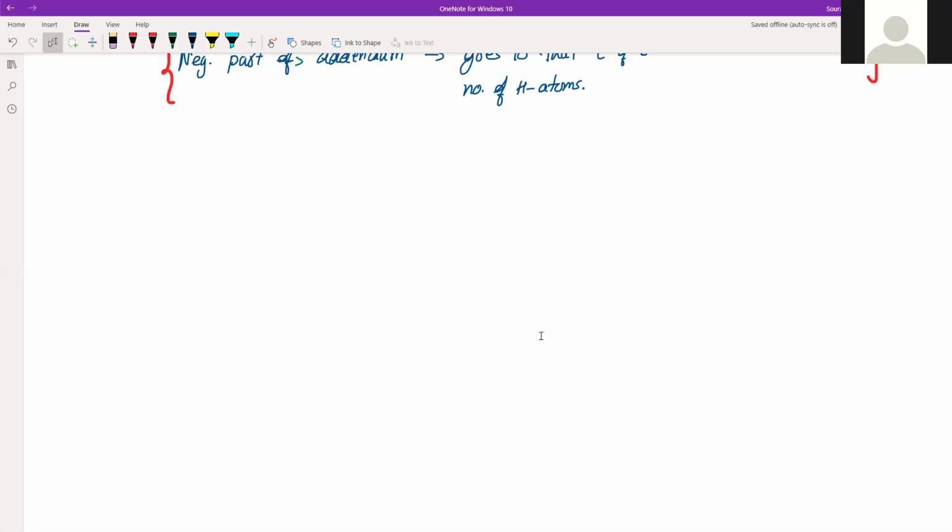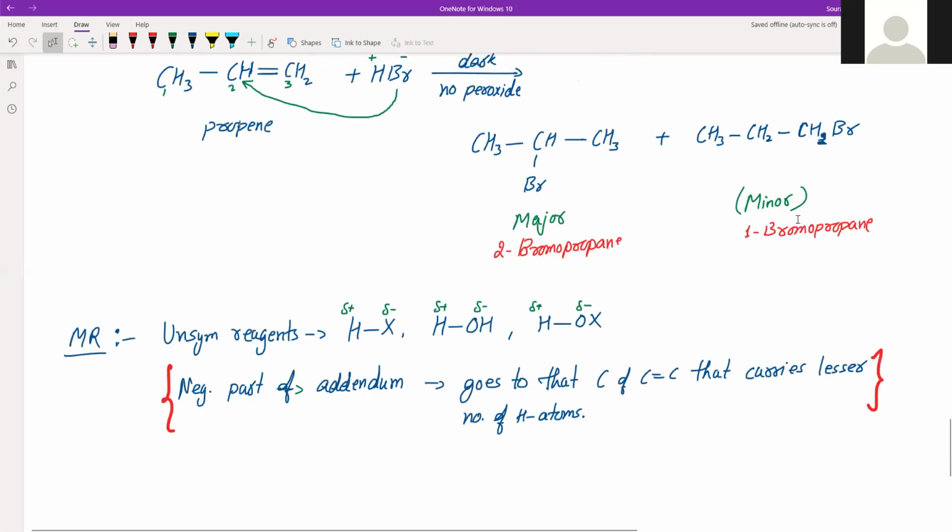Now this addition in principle can occur in two ways. That is, the proton adds to the terminal carbon, as in this second case, or the proton adds on to the terminal carbon atom of the double bond. In that case, a carbocation will be formed. We'll see what it actually means.